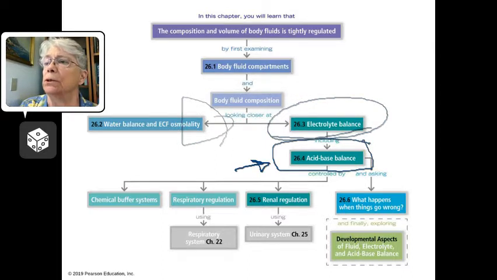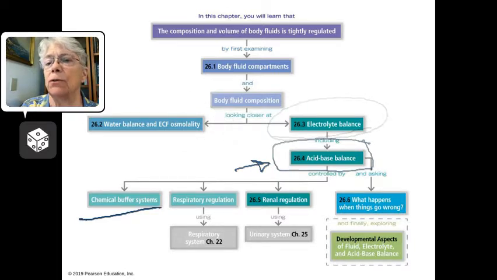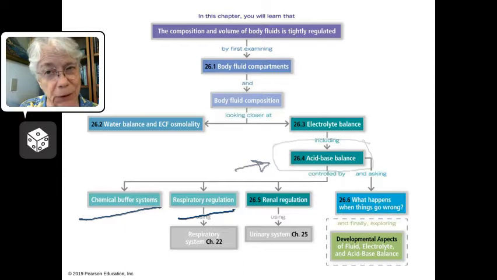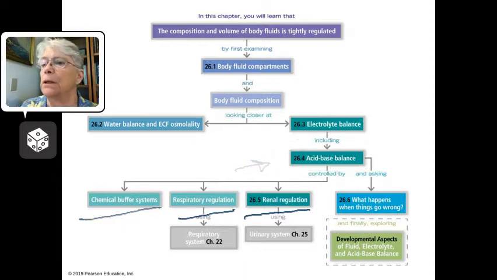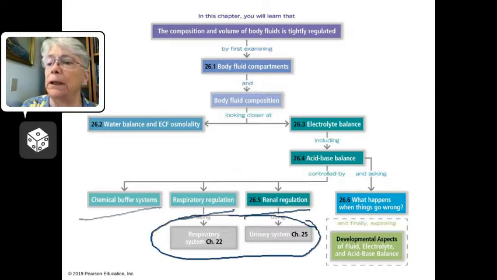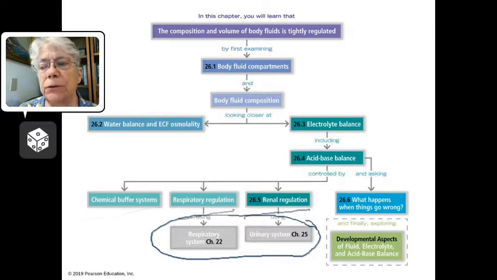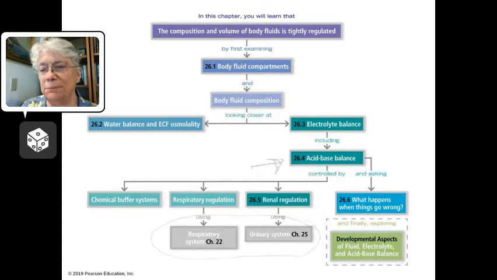We will look at how the pH of extracellular fluid is controlled by chemical buffer systems, your respiratory system, and your renal system. So we will be again integrating information, especially from chapter 22 and 25, in taking a look at pH balance. So let's get started.